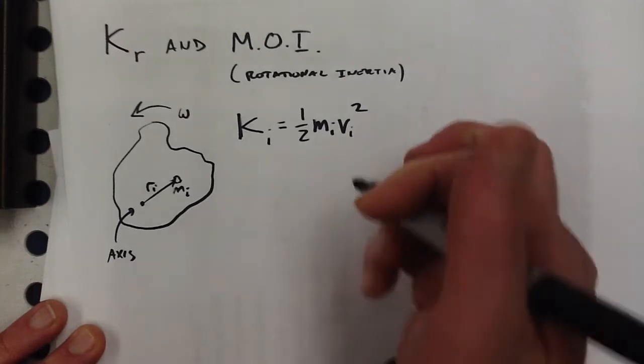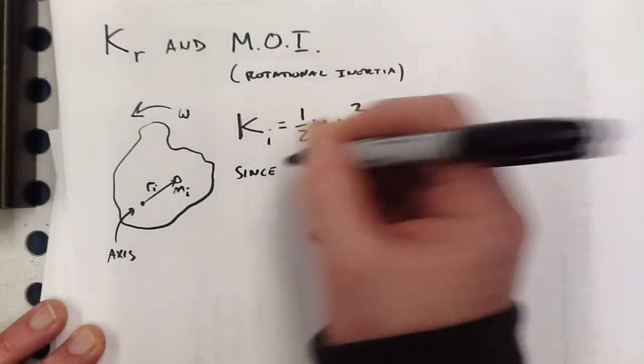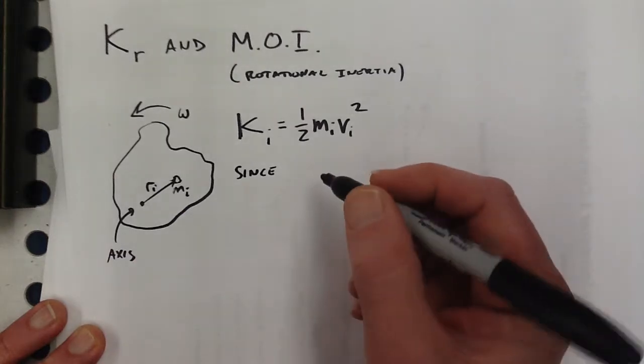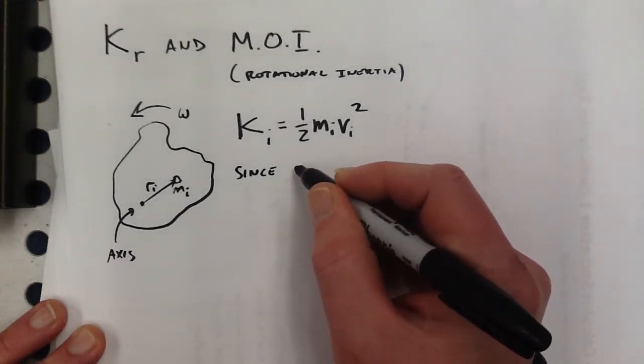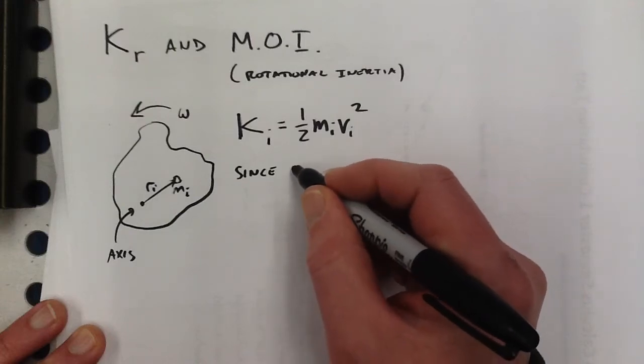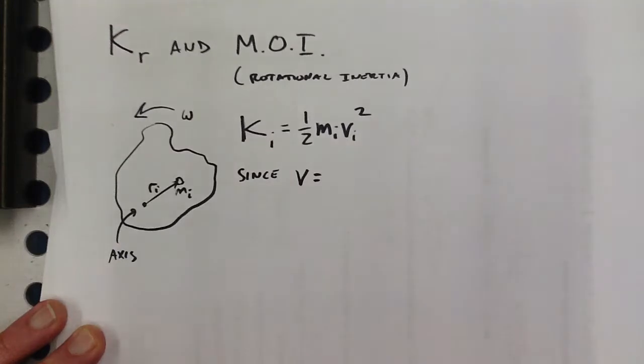Well, I know that if I have a regular old velocity, that is equal to the speed of something.